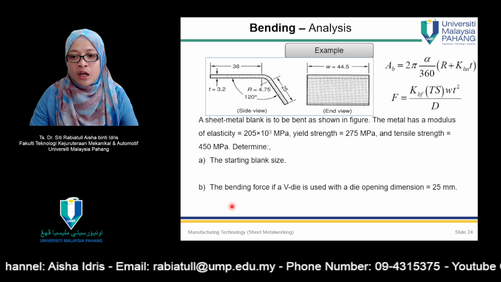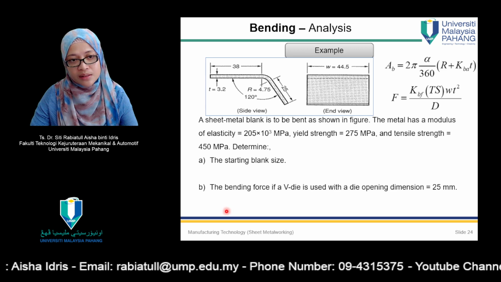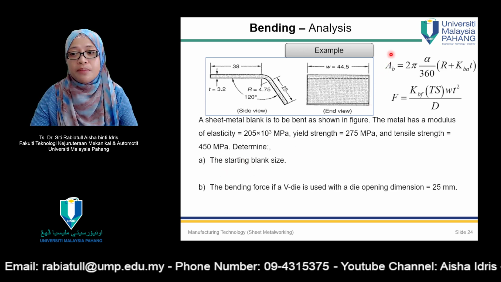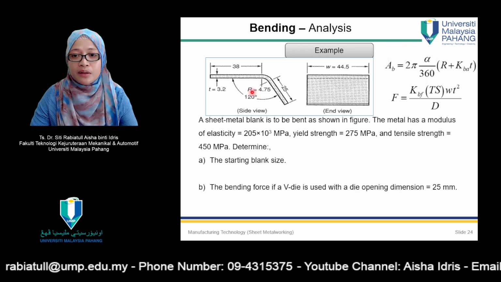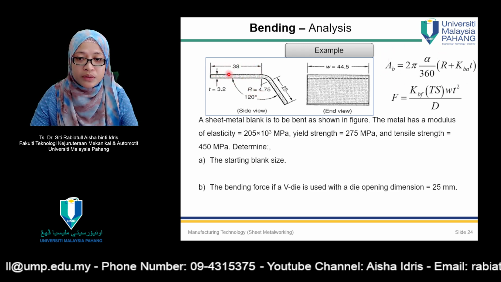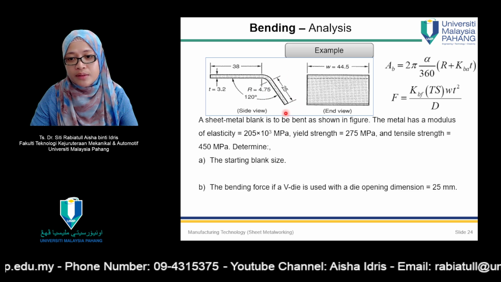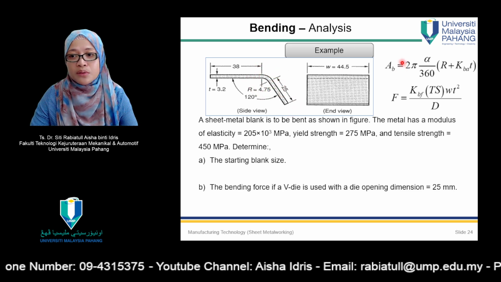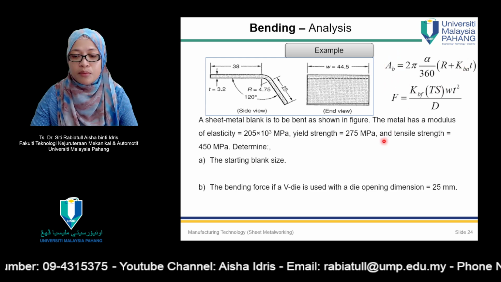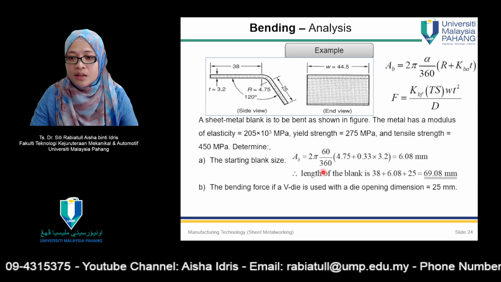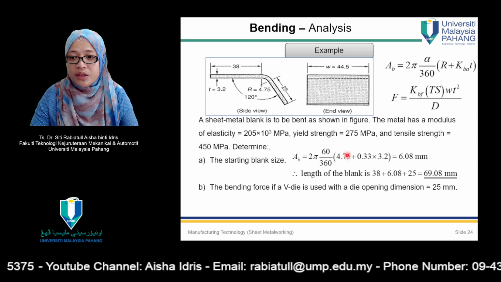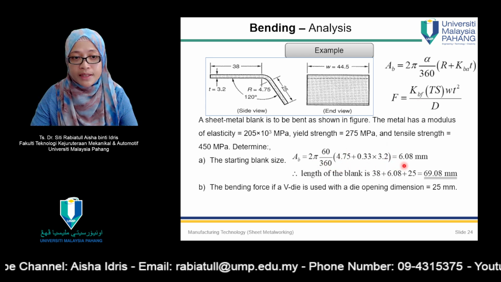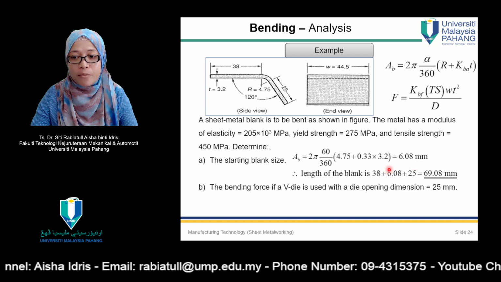So how can we solve this problem? We know the length of 38, and we know this side of the length, which is 25, but we don't know this bent length. So we find the bent length using this formula. Just substitute all the information given into the formula, then you should be able to get the value of 6.08 mm.